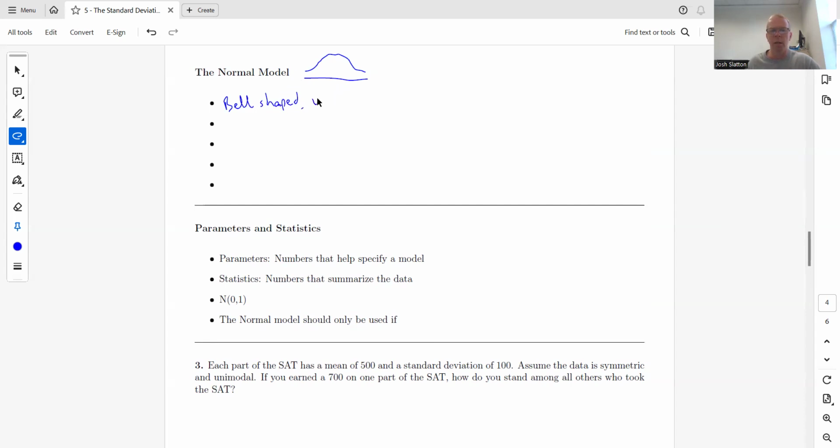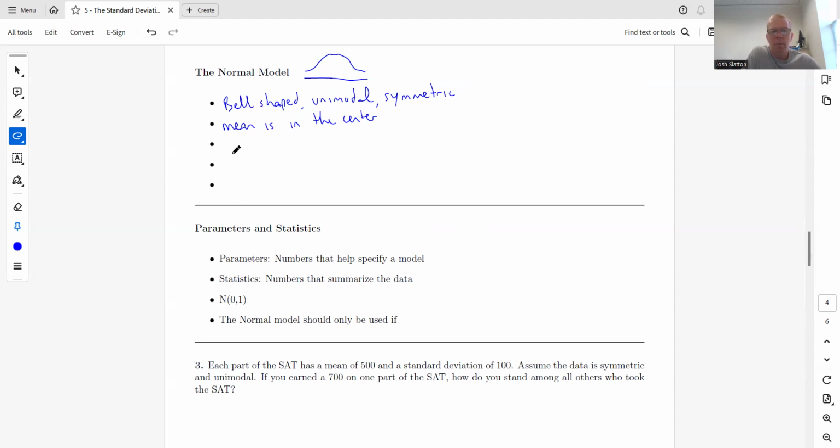It's bell-shaped, unimodal, symmetric, and that's important for all these problems we're going to be looking at. The mean will be right in the center of this histogram. We don't really talk about the median when we're doing these, but the median and the mean will be about the same anyway if we're talking about a symmetric distribution.